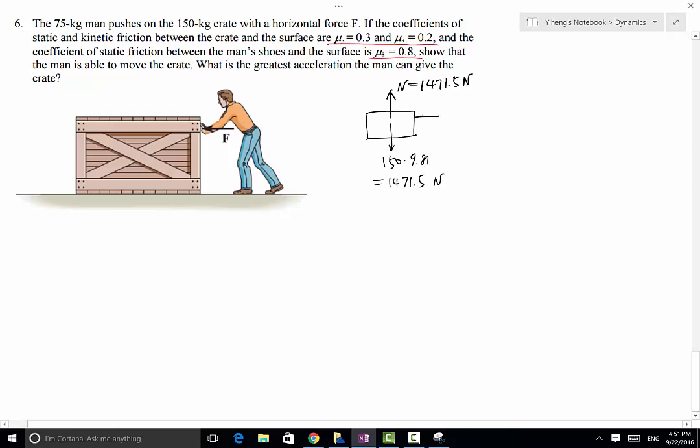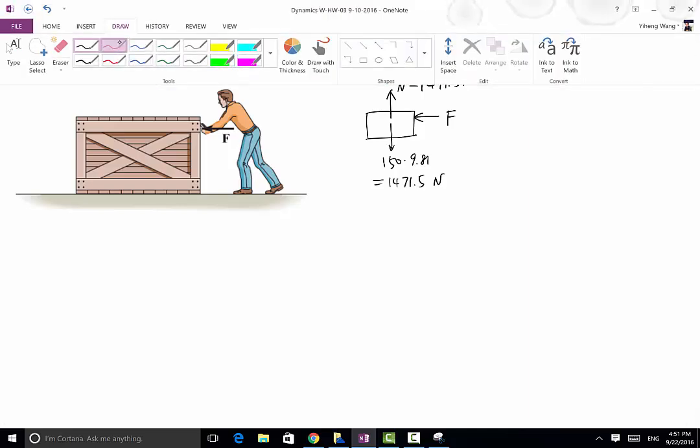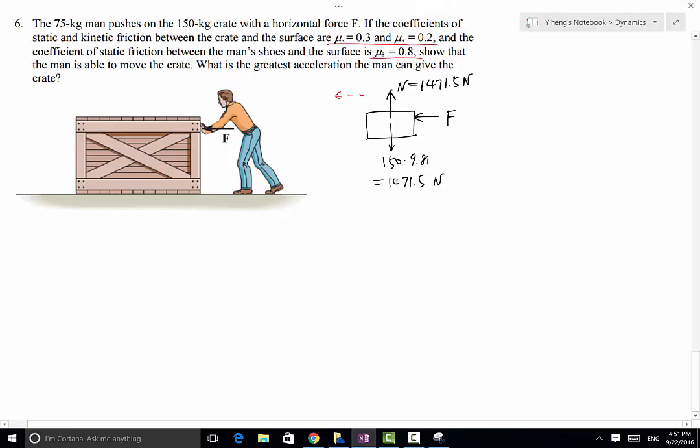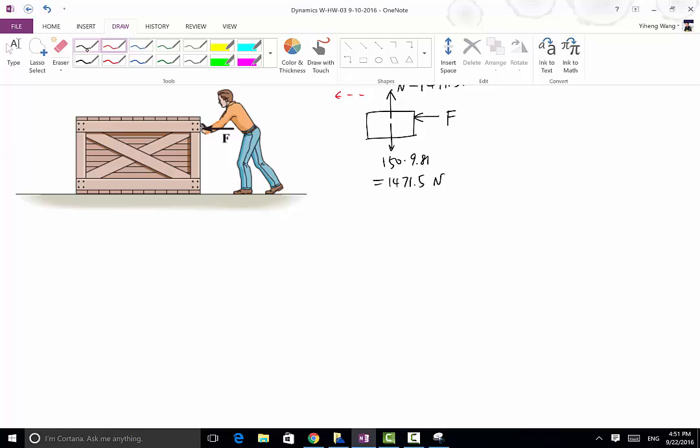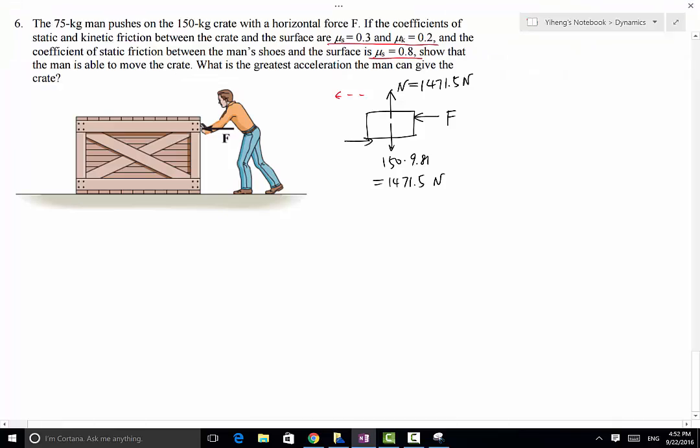The person is pushing the crate to the left, therefore the tendency of motion is to the left. As a result, the friction tries to resist that movement, so the friction on the crate is to the right.